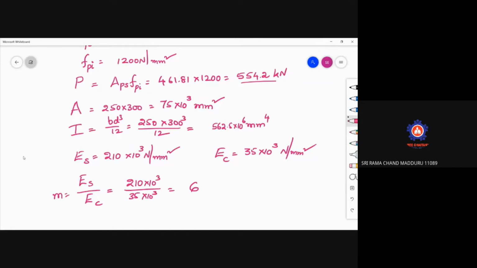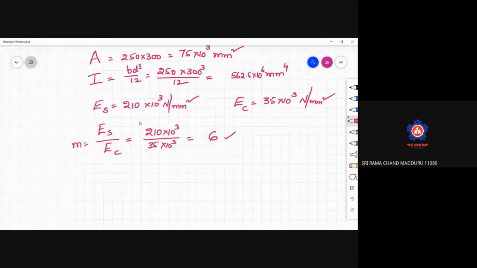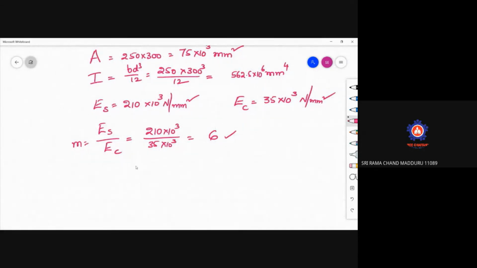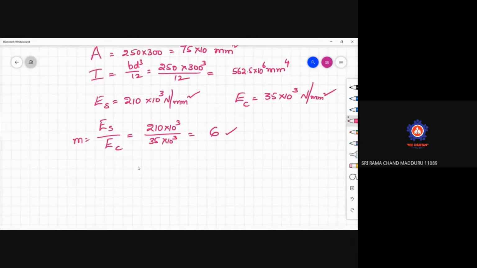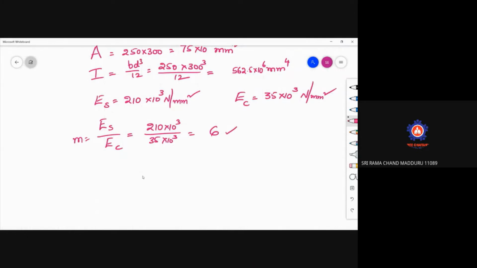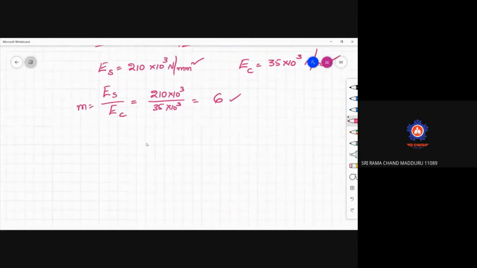So modular ratio M is equal to ES by EC, which is equal to 6. So now we need to first of all calculate the loss of stress in steel due to elastic deformation. So one by one we will calculate the losses. So first loss.